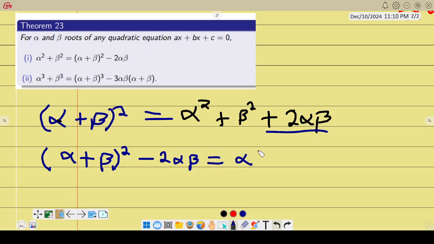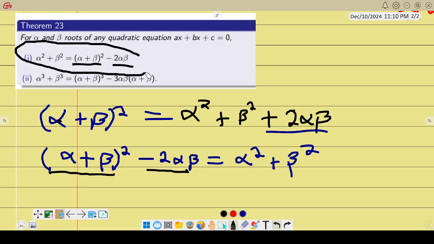So this is equal to alpha squared plus beta squared. Okay, so this is how they came up with this. If we rearrange it nicely, making this the subject, you can see we have this, which is that. Are you following? Minus this minus that. So you have to know this by heart.